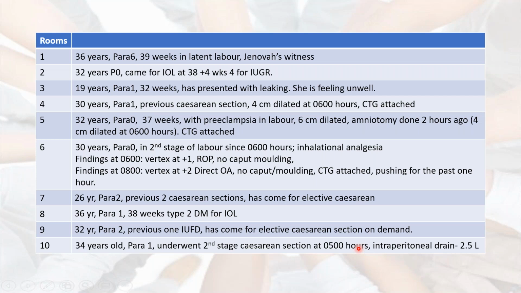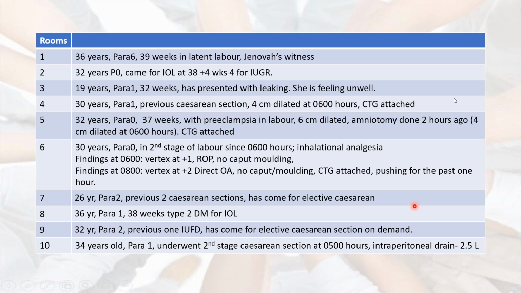By this time, I'll tell the midwife that IV fluid should be going on, that blood is ready for her, and how much blood she has taken. Two wide bore cannulas and cross matching, if not done, should be done.